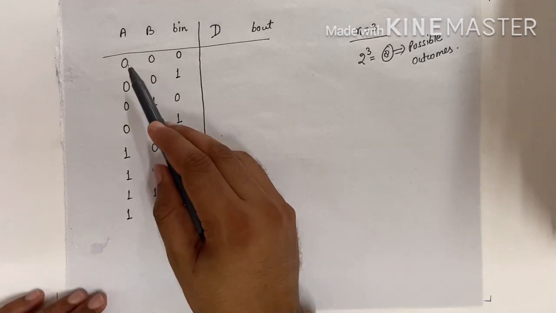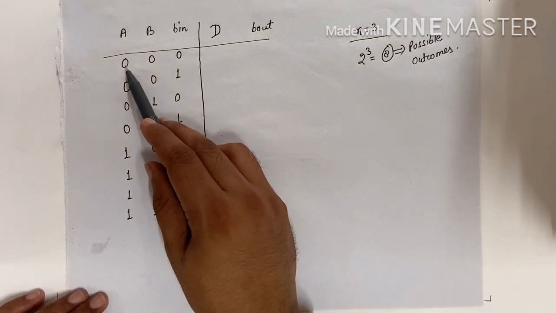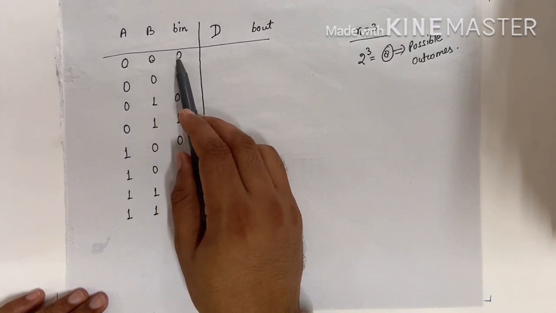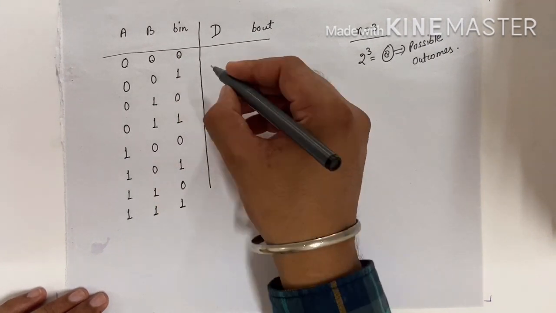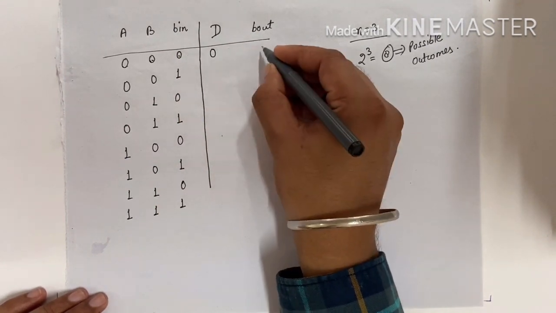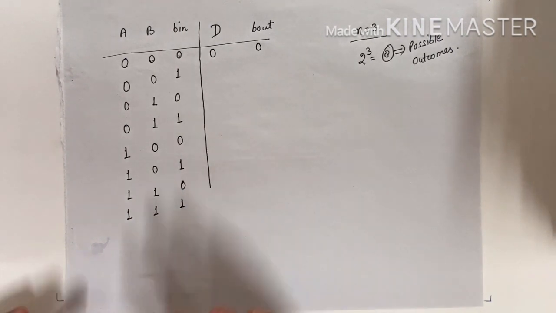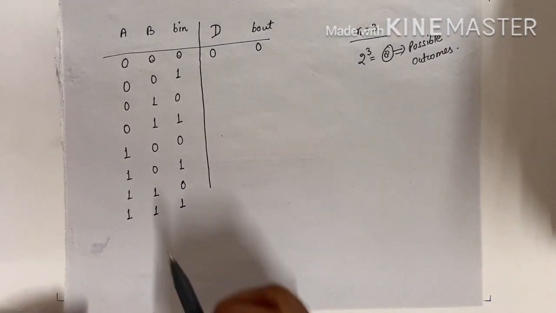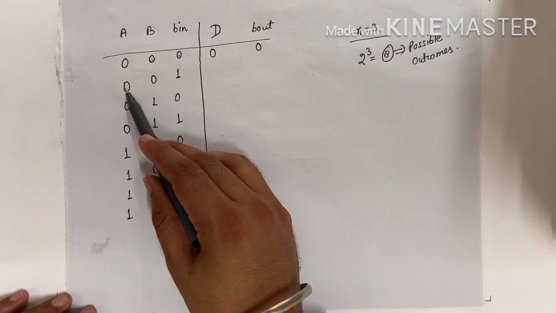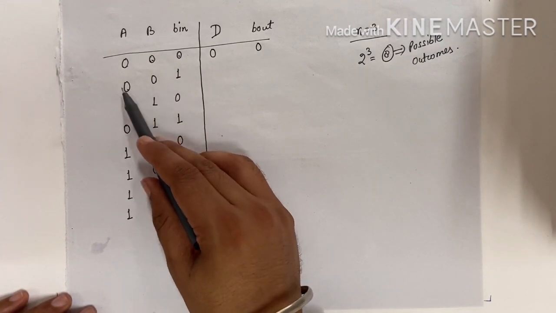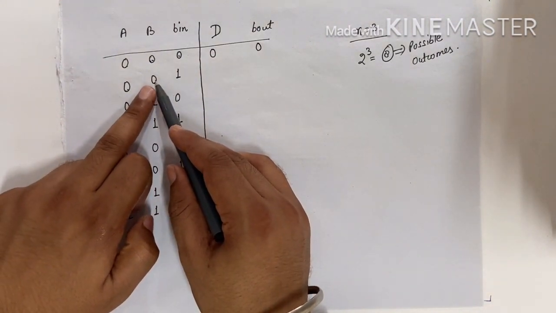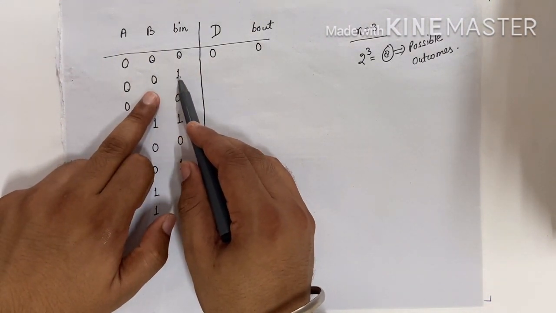First, if we take the difference of A and B, 0 minus 0 is 0, and 0 minus 0 is also 0, so the difference is 0 and B output is 0, because there is no borrow in the initial condition. Now we take another case. If A is 0 and B is 0, 0 minus 0 is 0, then the resultant of A and B is subtracted from B input.